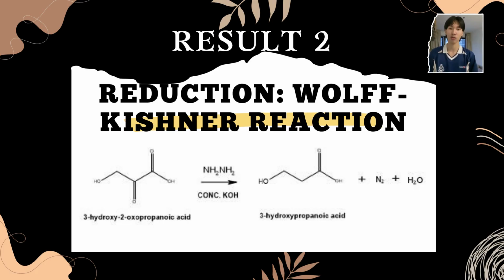This is a 2-step process where the ketone first forms a hydrazone intermediate, then is fully reduced to a CH2 group with the release of nitrogen gas and water. The result is 3-hydroxypropanoic acid, a simplified version of the original molecule with the ketone group removed. The hydroxy and carboxylic acid groups are retained, but the central carbon is now fully saturated.